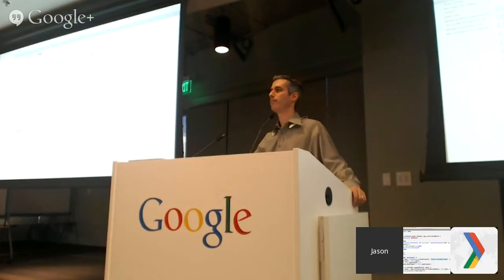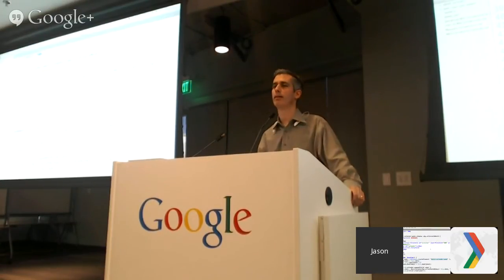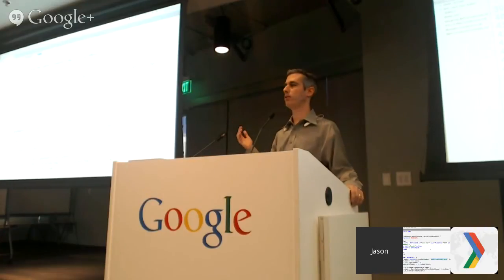Okay. Sure. So multiple inheritance or mixins or interfaces. The way in which you extend classes with web components is just the way that you do it with JavaScript. It's prototypal inheritance.